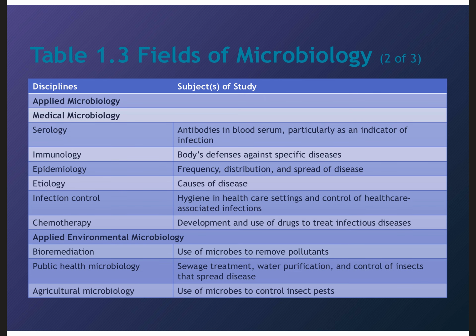Right, so in applied microbiology, we have serology, right? So antibodies and blood serum, right? And also, this is useful for a couple of things, right? When we had COVID going on and people were like, oh, I want the Regeneron, that was a serological kind of thing, right? They took antibodies out of one person, put them in somebody else. Or not out of a person, they had bacteria make them, right? But also as an indicator of infection, right?